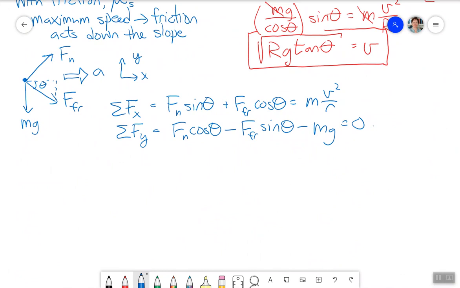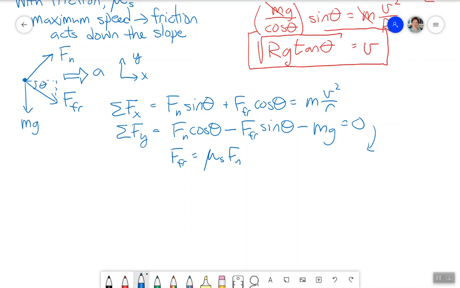Let's use this bottom equation. The normal force is, oh, wait a minute. The normal force appears in friction too. At the maximum force you can get from friction, the force of friction is mu times the normal force.